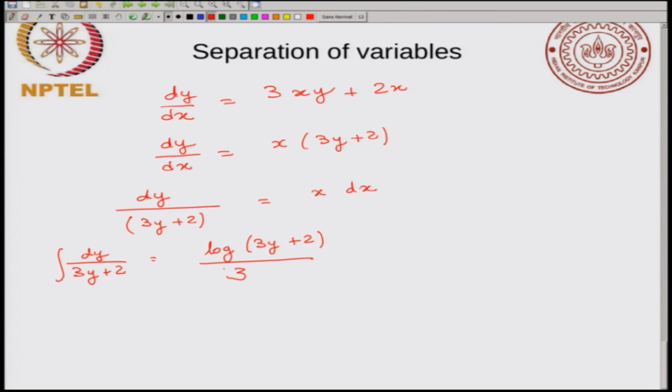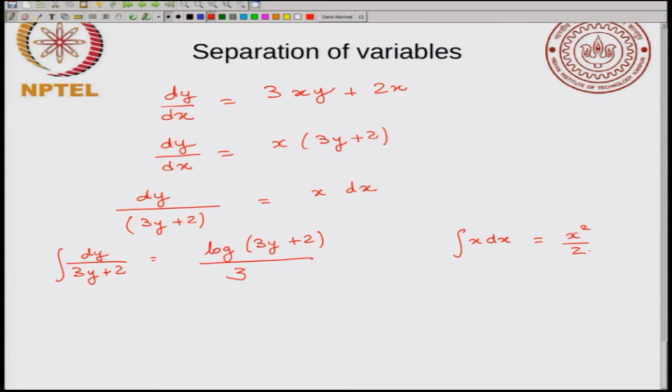If you take the derivative of log, you get 1 over 3y plus 2, and then the derivative of 3y plus 2 is just 3. So, log of this divided by 3 is exactly this quantity. And what about the integral of x dx? This is just x square by 2.